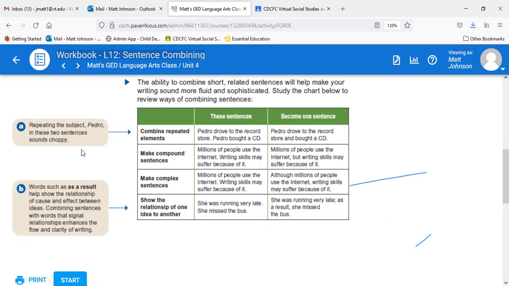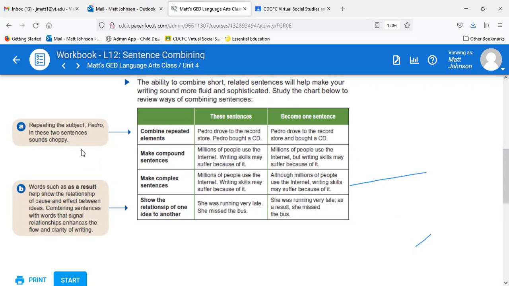So she was very late, semicolon, as a result, comma, she missed the bus. So words such as a result help show the relationship, of cause and effect, between the ideas. Combining sentences with words that signal relationships enhances the flow and clarity of writing.